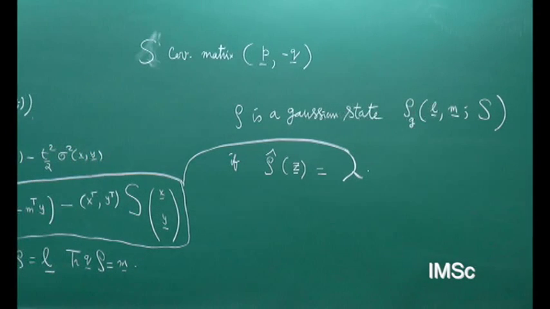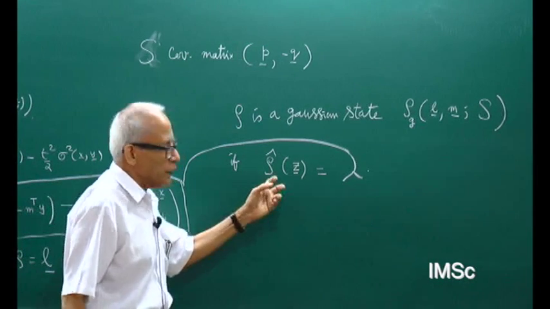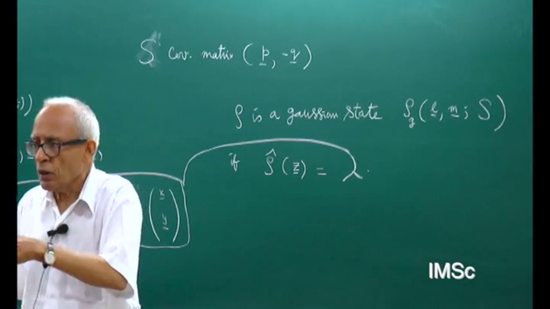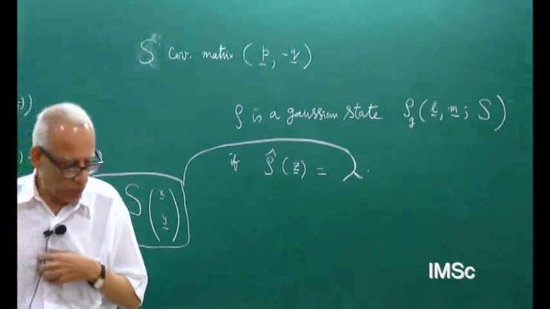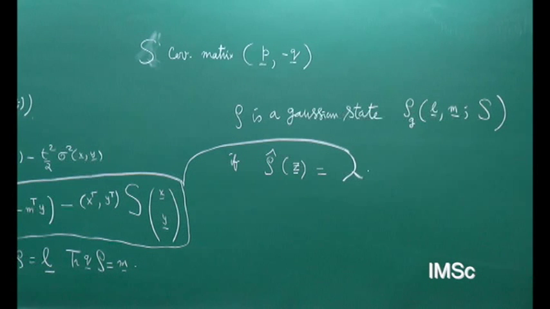Because if there exists a state, then we know rho hat satisfies the positivity condition, the Srinivas-Wolf positivity condition. And that gives you the first theorem here.